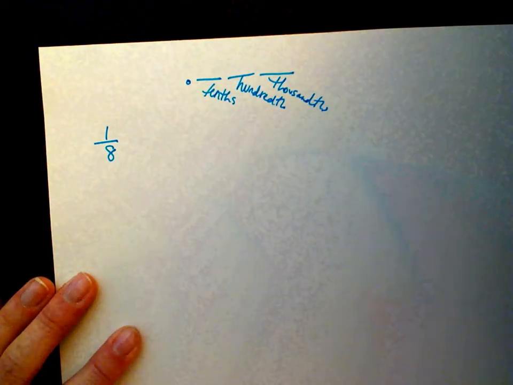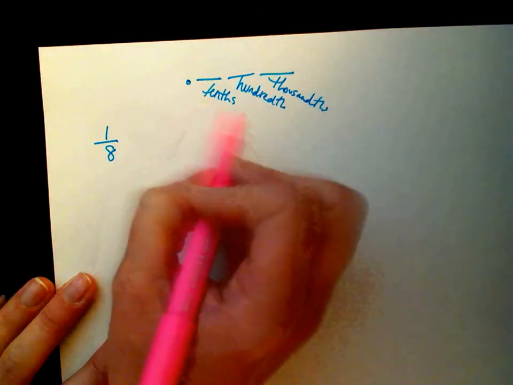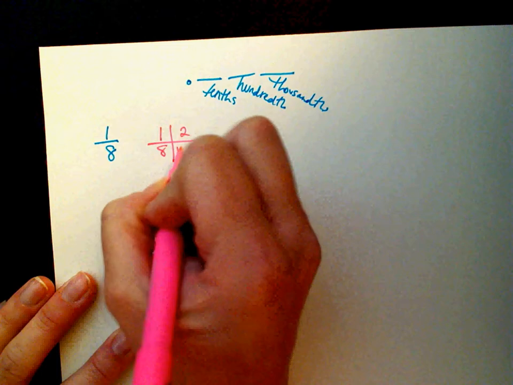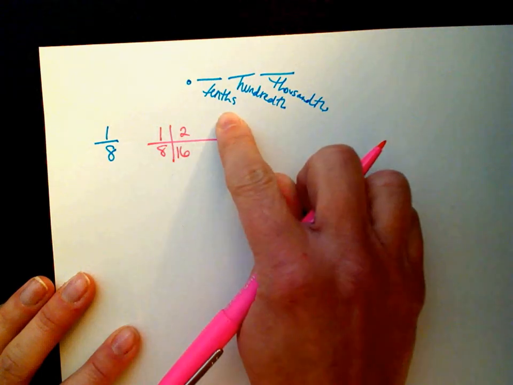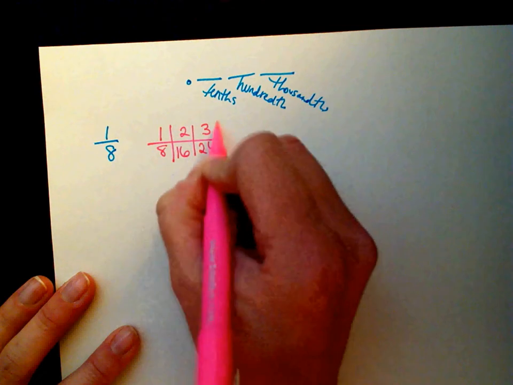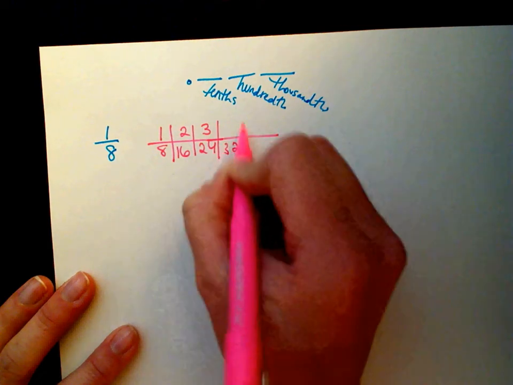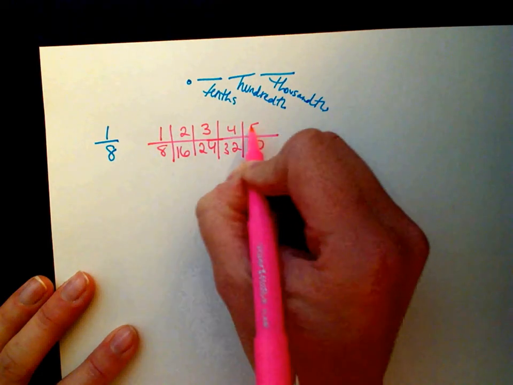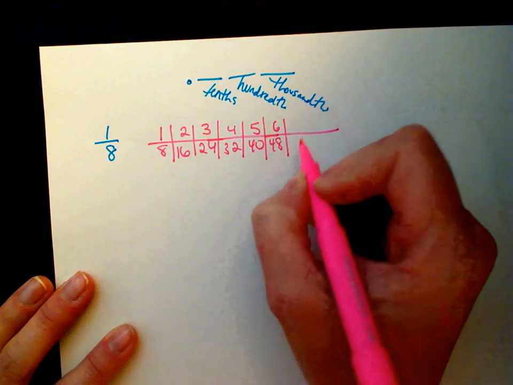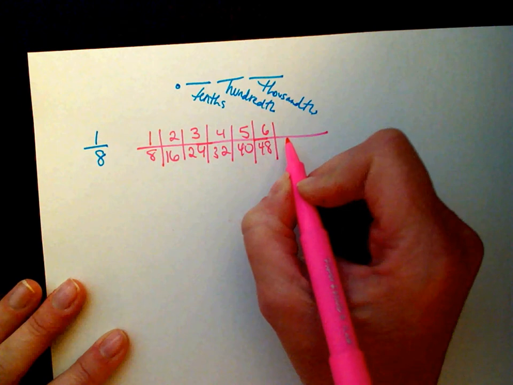Okay, my eighth is not here. I don't have one called eighth, so I've got to go to one of these. Okay, so you make it grow. I go to 2/16. I know that the tenths is not going to work. If I keep going, I'm getting all these equivalents, but look how far off.